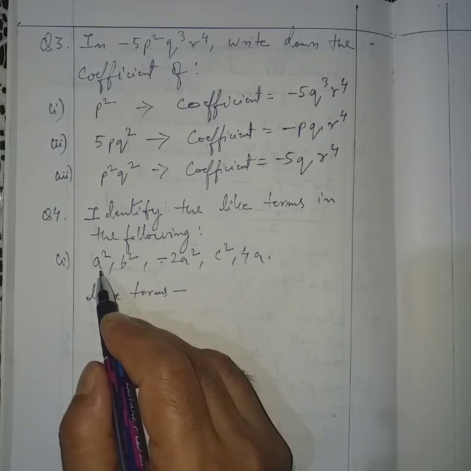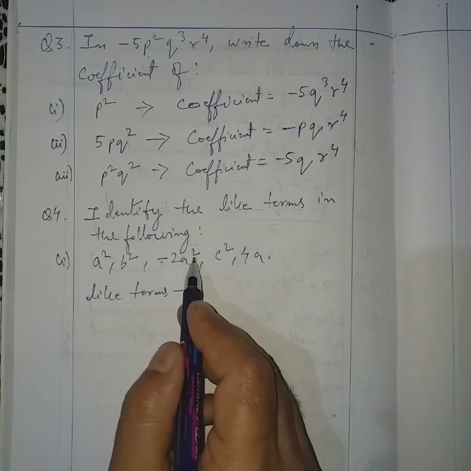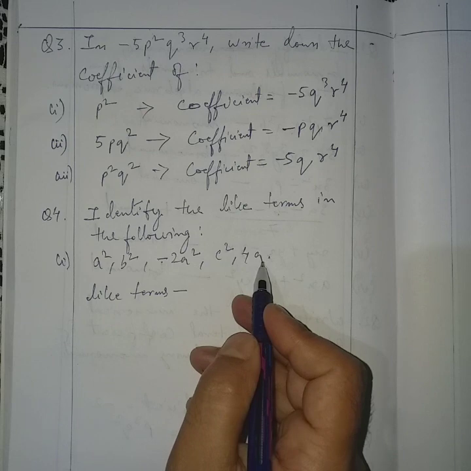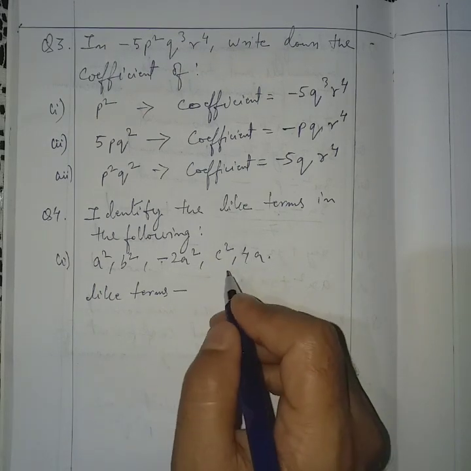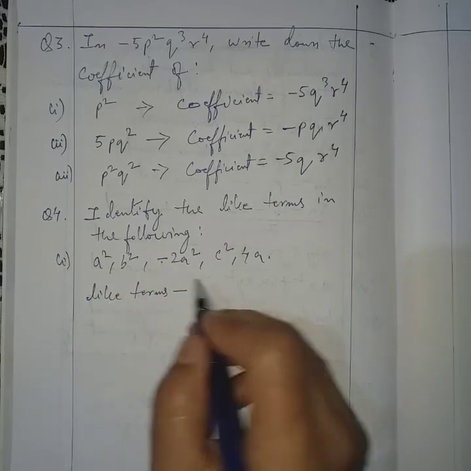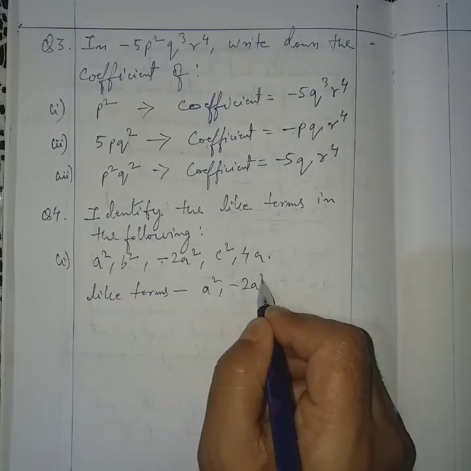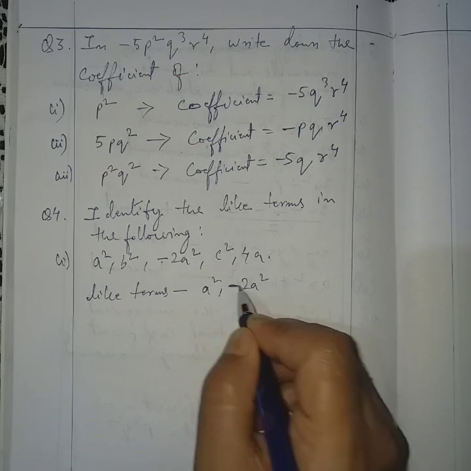They are like terms: a square here, also a square. In the remaining there is no a square. Here a is there but no square, so this is also not a like term. So here only two terms are like: a square, comma, minus 2a square.